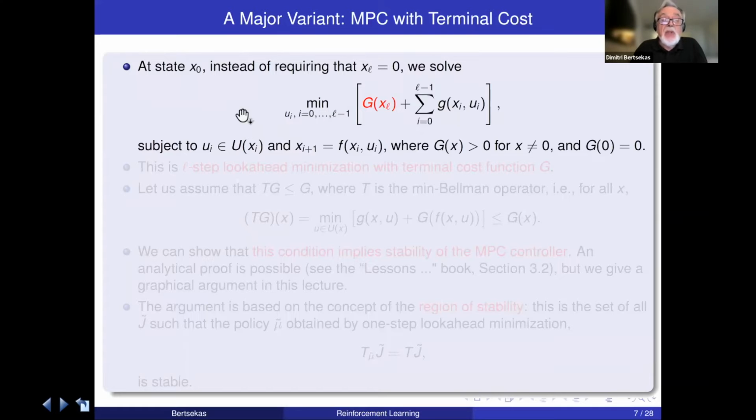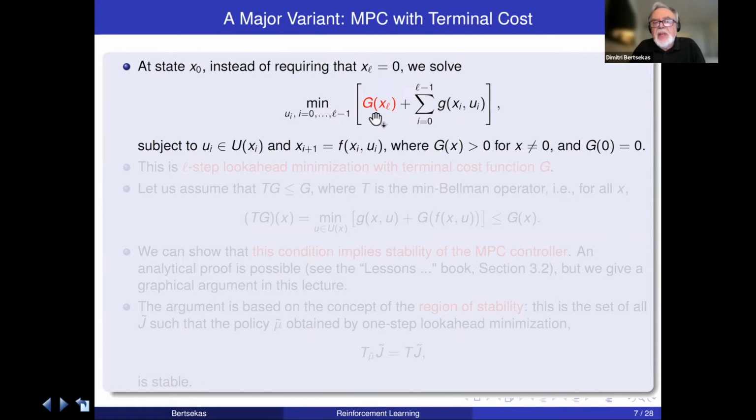Now we were going to discuss a major variation of MPC, where instead of requiring at the end of L steps to reach the origin exactly, we impose a terminal penalty for missing the origin. So this becomes L step minimization without a terminal state constraint, but instead there's a terminal cost that is positive for x different than 0, and 0 if you do hit the origin.